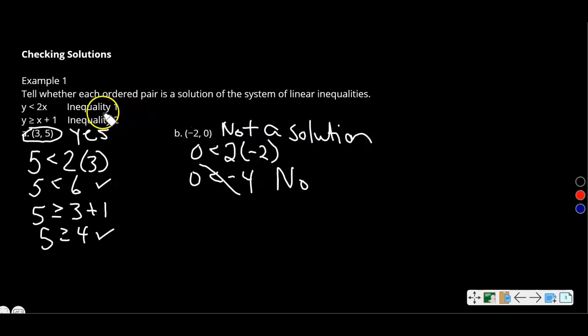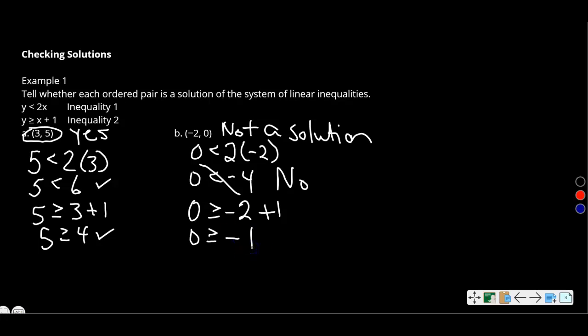So we know this ordered pair is not a solution to the system because it makes the first inequality a false statement. But we can still check to see if this is a solution to the second inequality. So is 0 greater than or equal to x, which is -2, plus 1? So 0 greater than or equal to -2 plus 1, which is -1.